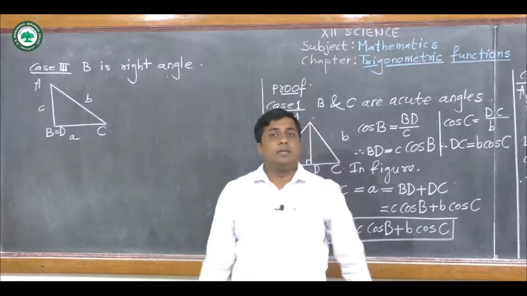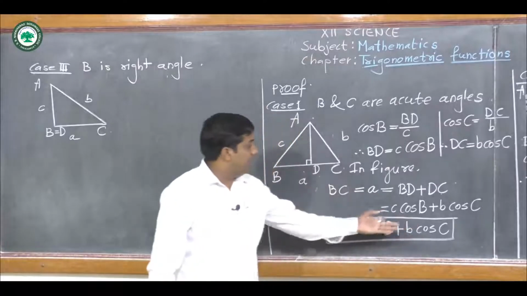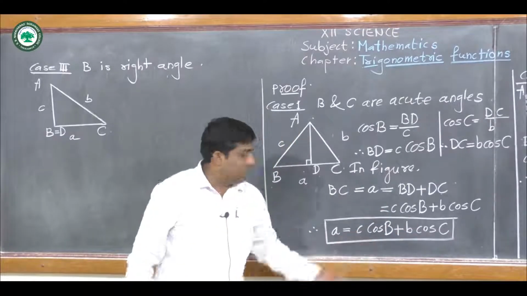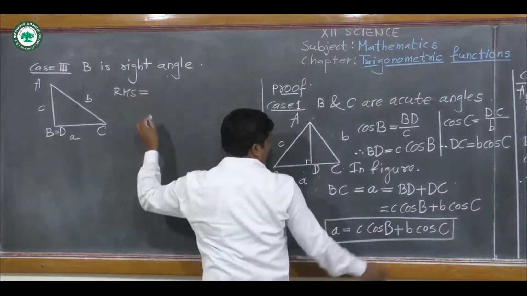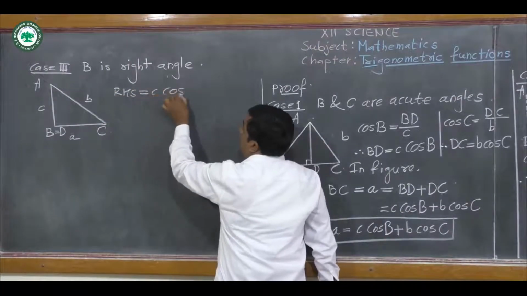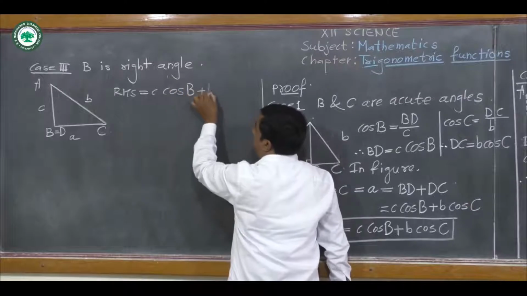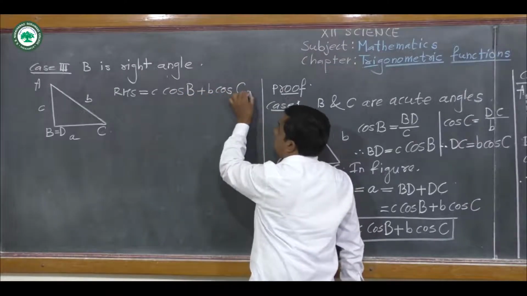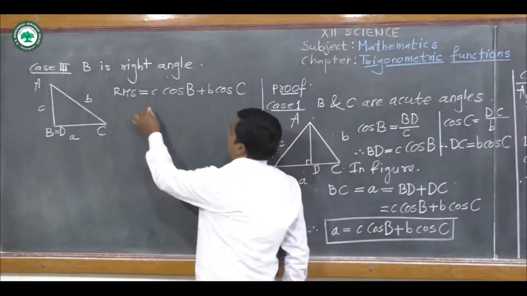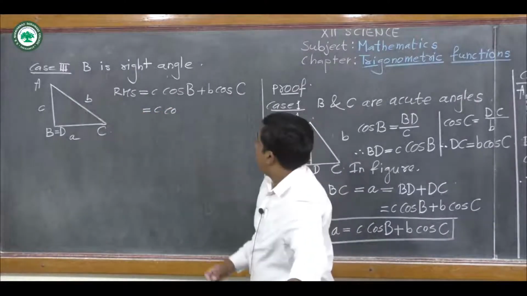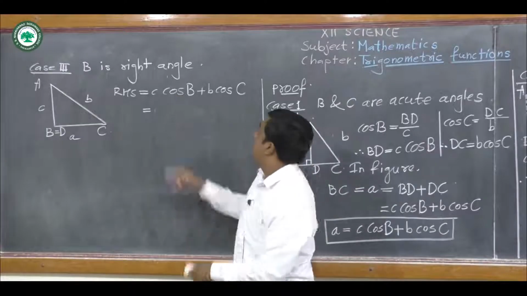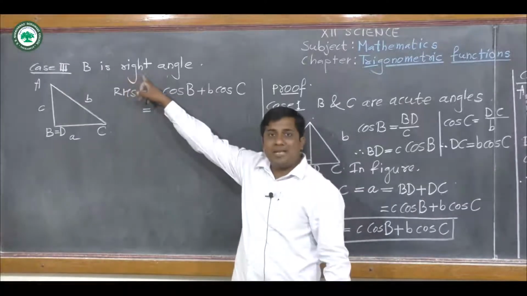Here we consider the RHS of the given statement. In the RHS we have c cos B plus b cos C. Now, c cos B: everyone knows B has a measure of 90 degrees.